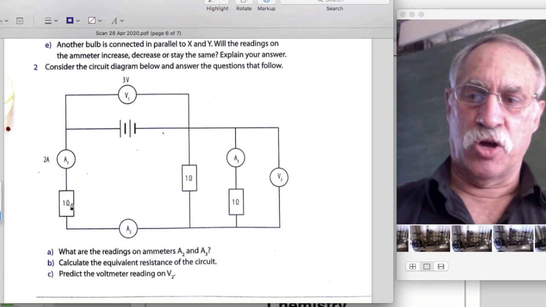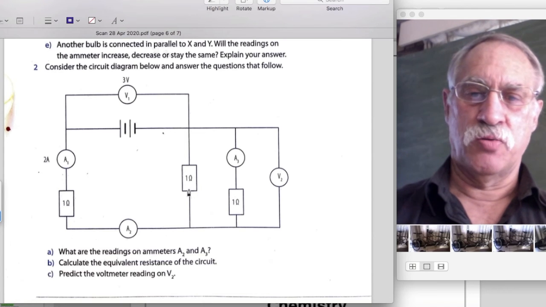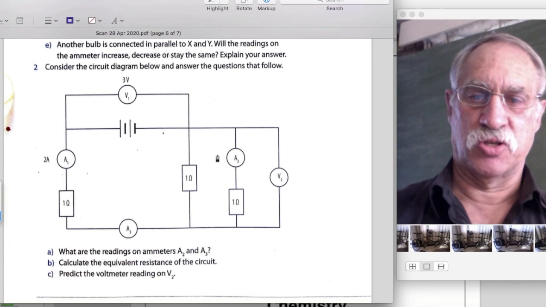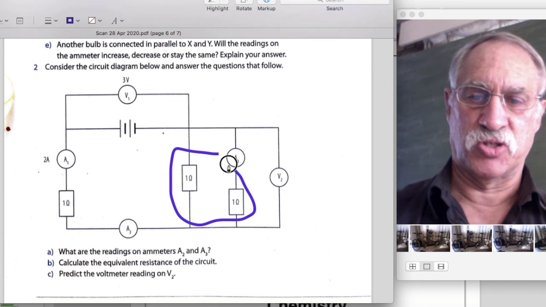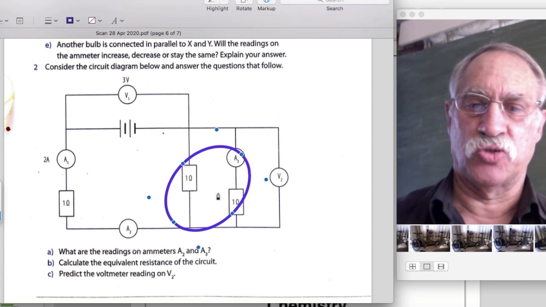This is 1 ohm. These together are half an ohm. So we know that this 1 plus the half is going to be split because resistors in series, because you can consider this all as 1 resistor in series with this one. So our total resistance is 1.5.